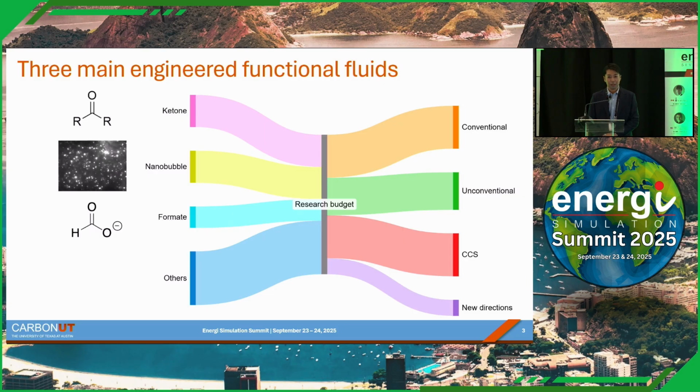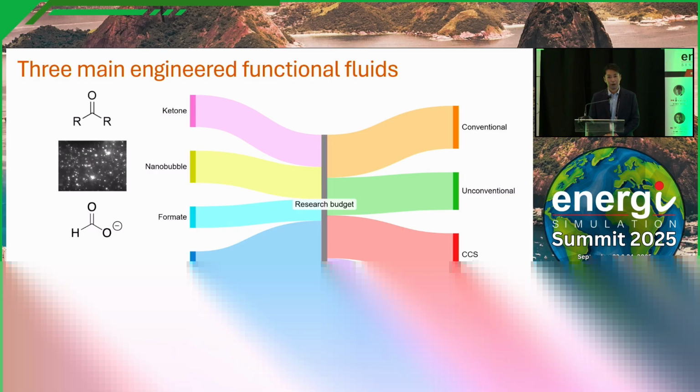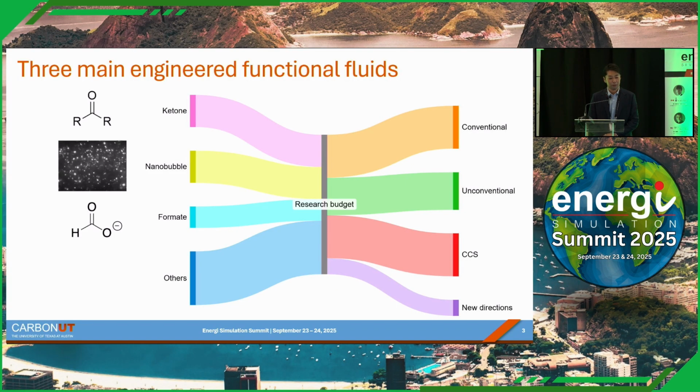The first is a ketone solvent we use for EOR, and we have studied a very fundamental aspect of ketone-based EOR until a few years ago, and our focus is currently for field-scale deployment with several sponsors in shale and carbonates. And next in the list is the high-pressure nanobubble.